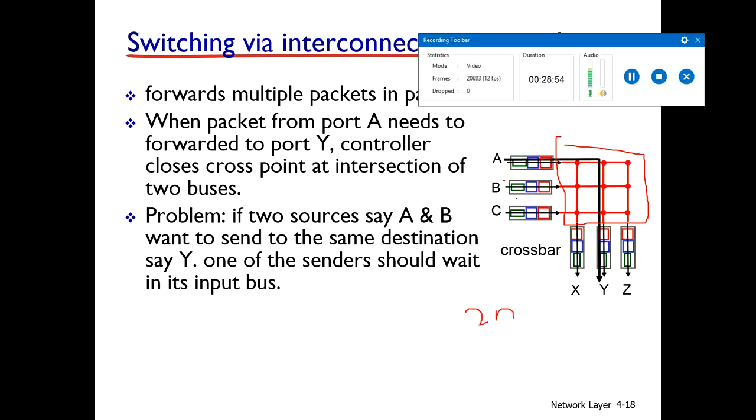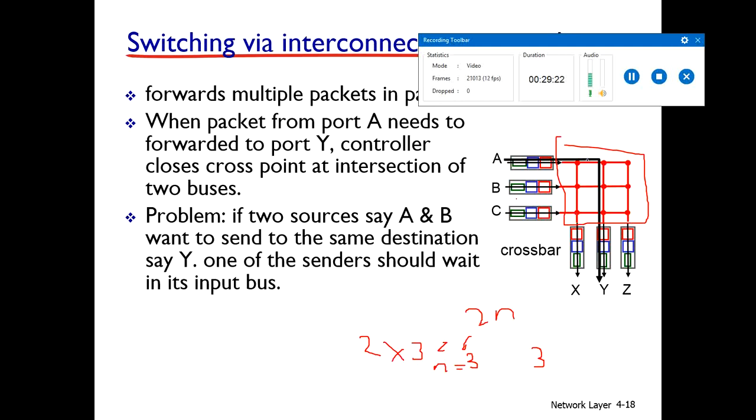For example, over here, the number of input ports is 3 and the number of output ports is 3. So what is my N? N is 3. So in this case, the total number of interconnections, or the total number of buses, should be 2 multiplied by 3, which is 6. Let's calculate the number of buses.